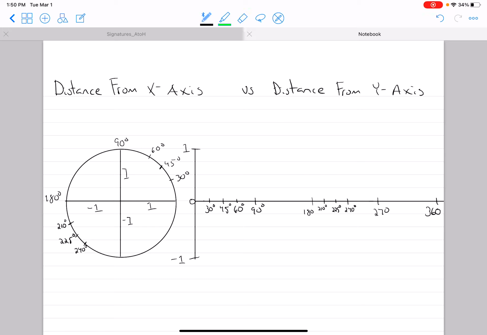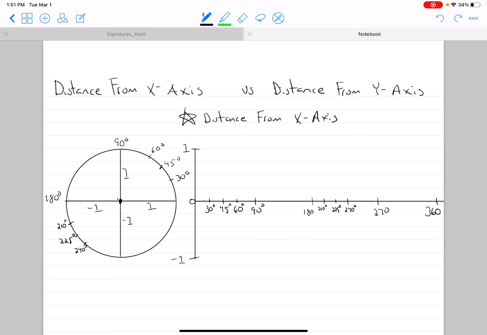This first one is an example of distance from the x-axis, right? So you see this circle right here. Notice in this circle, from here to here is a length of 1. It's called a unit circle because every radius is a length of 1.